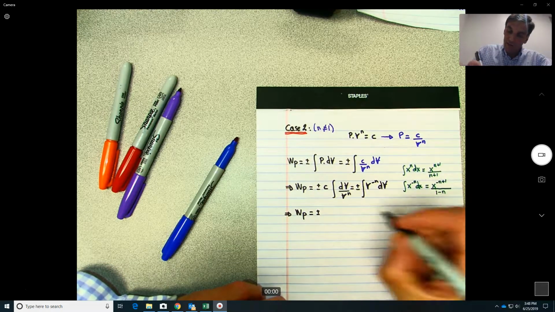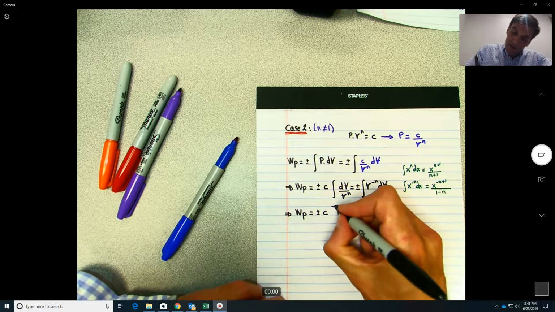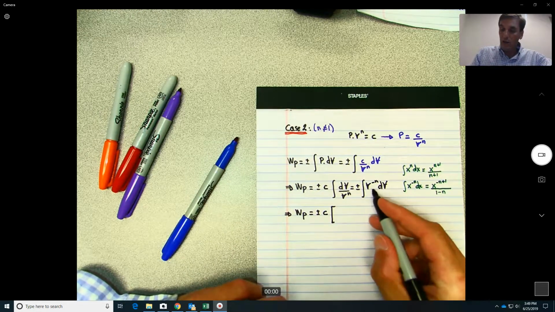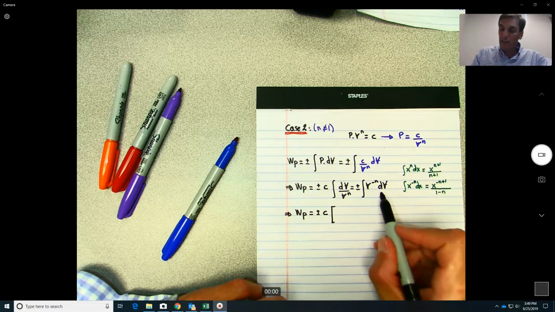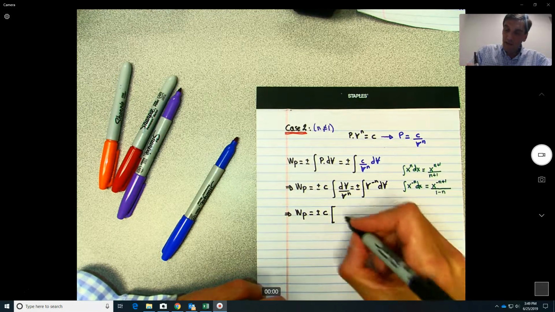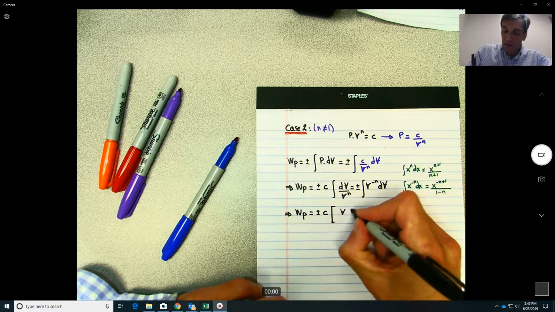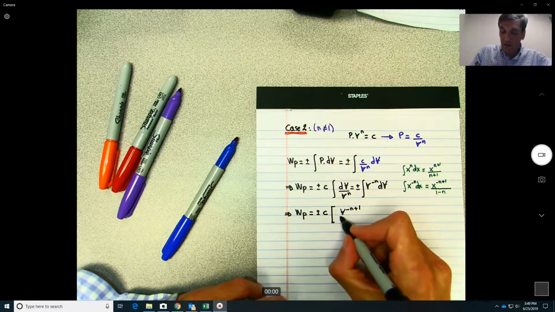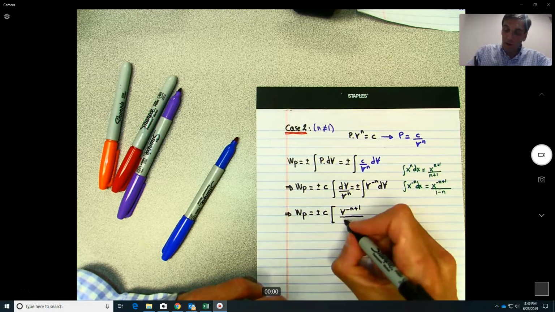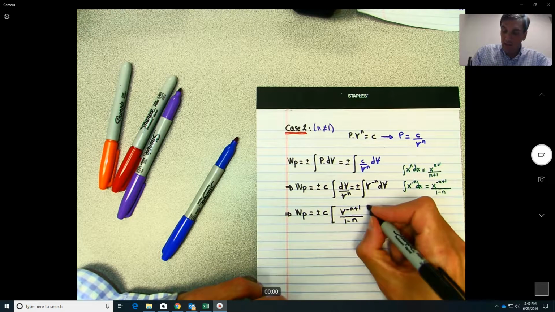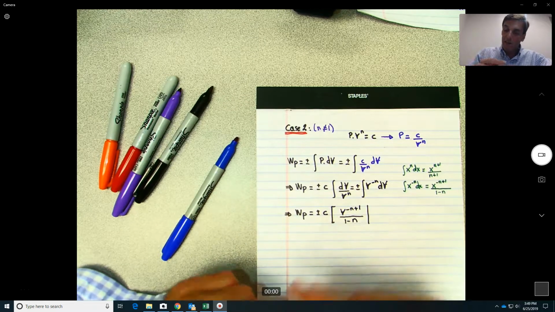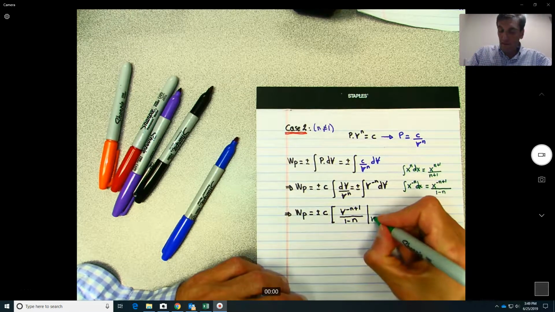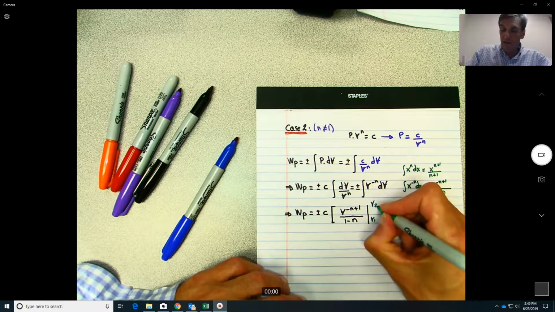Plus minus C. Okay, and now the integral of V^(-n) dV will be equal to what? V^(-n+1) divided by 1 minus n, between V1 and V2.